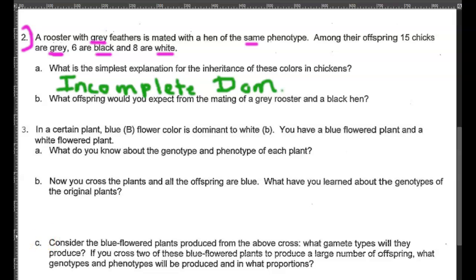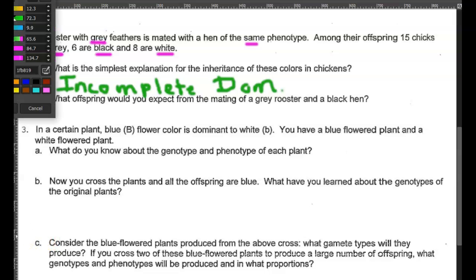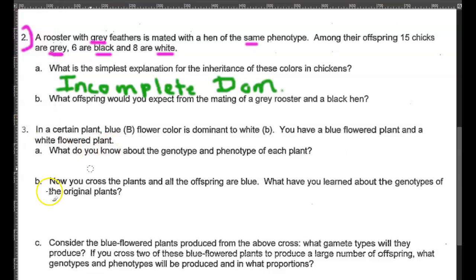Then what offspring would you expect from the mating of a gray? All right, we get a different color here. I'm just going to write over these words here.